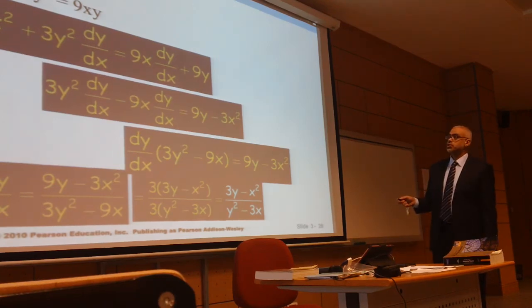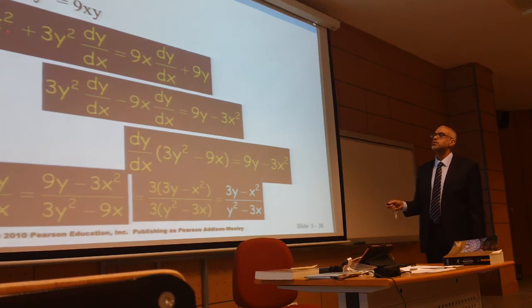Again, we are differentiating everything. X cubed, when we differentiate, we get 3x squared. y cubed, we get 3y squared times dy by dx. Don't ever forget dy by dx. y itself is a function of x. Is equal to 9x dy by dx plus 9y.